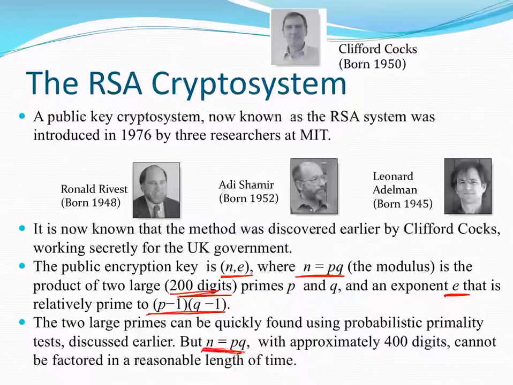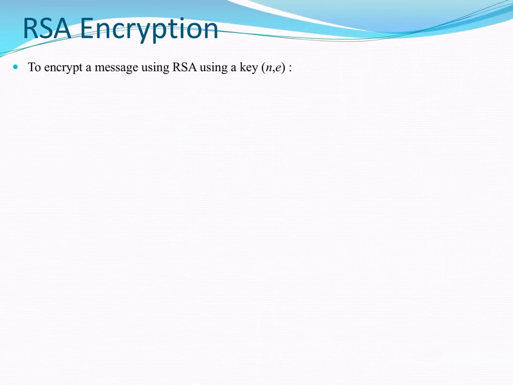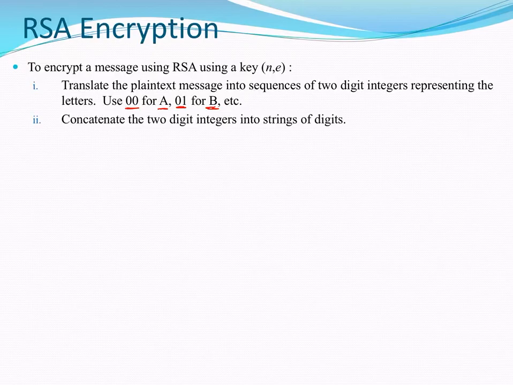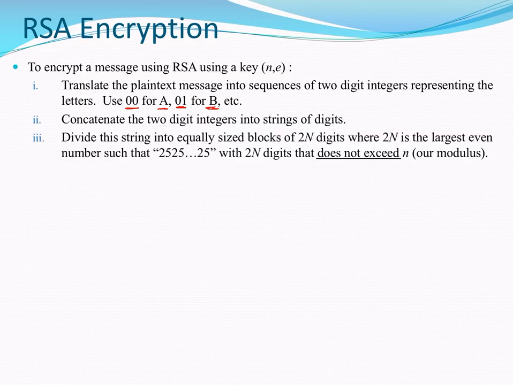All right, let's take a look at an example. The way this works is we take our plain text message and we use 2-digit encoding for every letter. And we concatenate those codes into strings of digits. We have to keep evenly sized blocks because we use 2-digit coding.